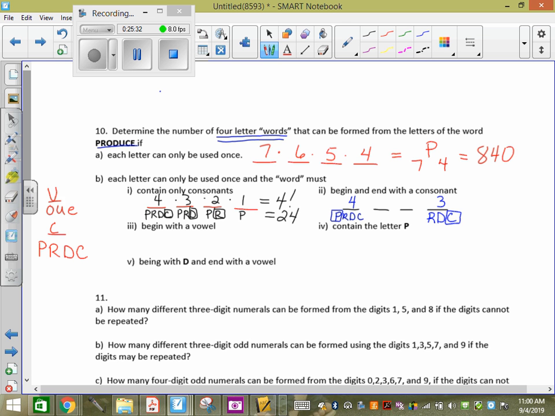Hold the C. Now do I only have R and D left for the middle? No, I have more. I have R and D, but I also still have left O, U, and E, right? Because there's no restrictions. I just can't have the P and the C because I used them. So I have R, D, O, U, and E. So I actually have 5, then 4. Which is 12 times 20, which is 240.